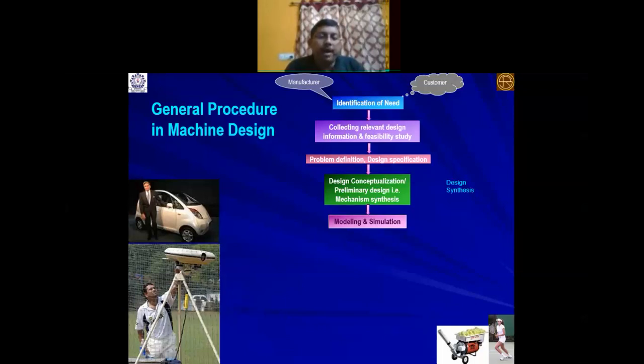Now that RPM, 3000 RPM, you cannot provide by hand. Now you need a motor. Now how will you select the motor? Whether this particular information, that the motor has to rotate at 3000 RPM, is it sufficient to select the motor? Is only this parameter sufficient, or is something else required? No, sir, power, sir.